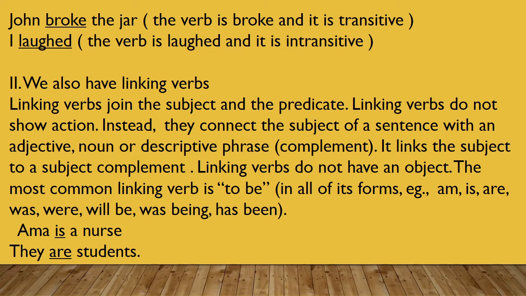That's the linking verbs. A linking verb joins the subject and the predicate. Linking verbs do not show action. Instead, they connect the subject of a sentence with an adjective, noun, or descriptive phrase.